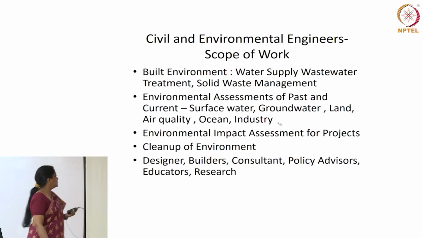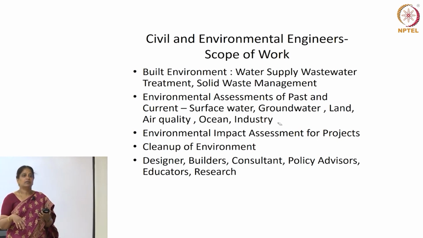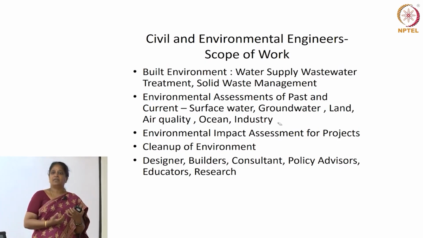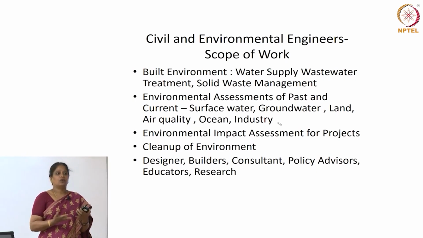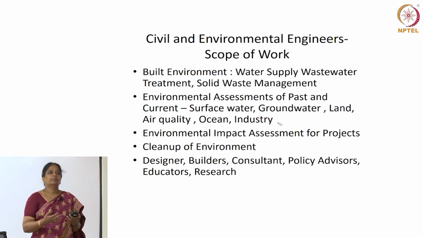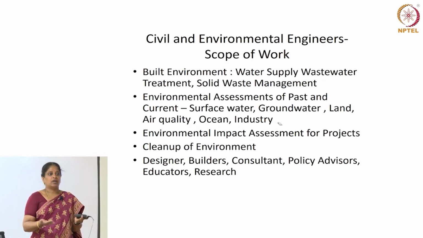So, this gives you an idea of what you will be doing when you graduate as a civil engineer. You take a few courses in environmental engineering, at least 3 courses, during your civil engineering program. If you choose to do a dual degree or masters, then you get to specialize and learn more about some of the basics which were taught to you in your undergraduate program.